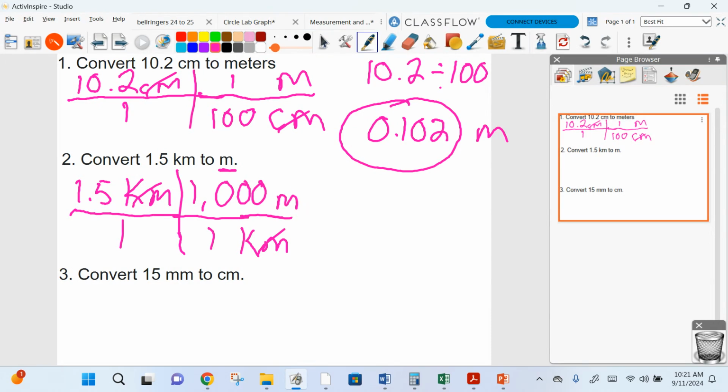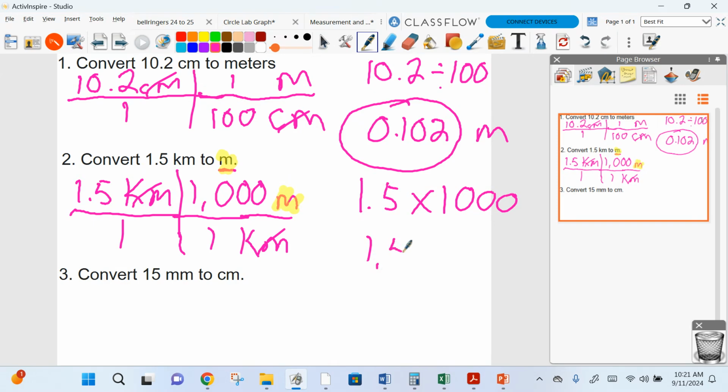I have the units that I'm interested in at the end, meters and meters. I'm done converting. So all I have to do in my calculator then is 1.5, multiply by 1,000, and my answer is 1,500. And that's what I'm entering into the form for number 2.